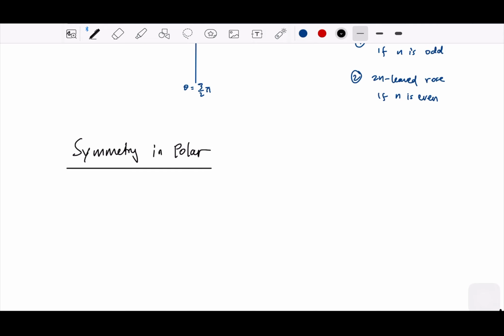When we plug in negative x and the result is the same as the original equation, it means that it is an even function, right? And if we get the negative of the original equation, we have an odd function, right? And we also have symmetry and asymmetry, right? And in polar, we have something a little bit different.